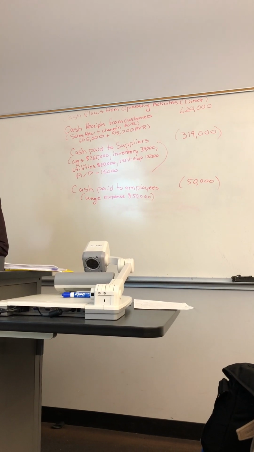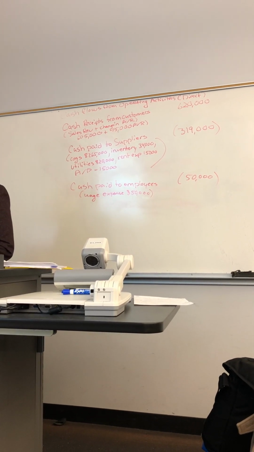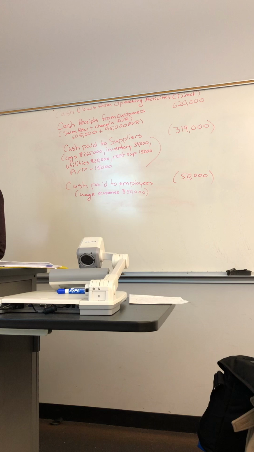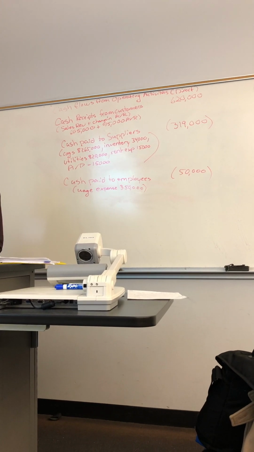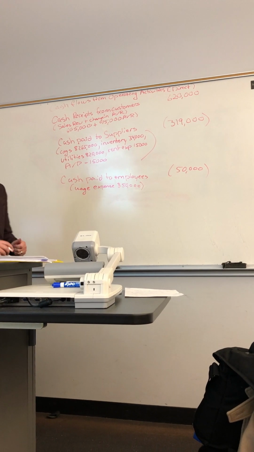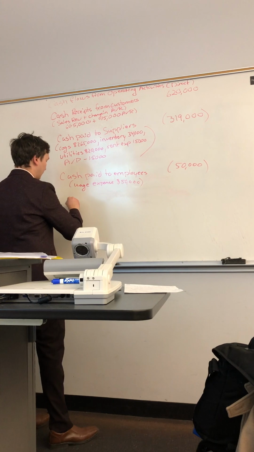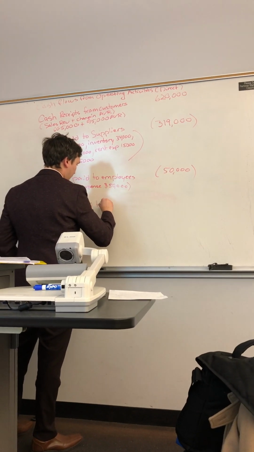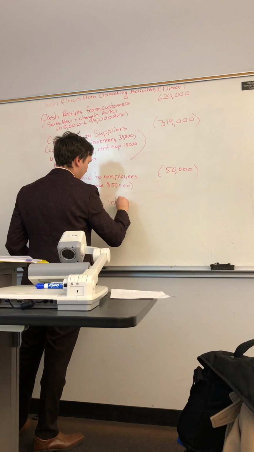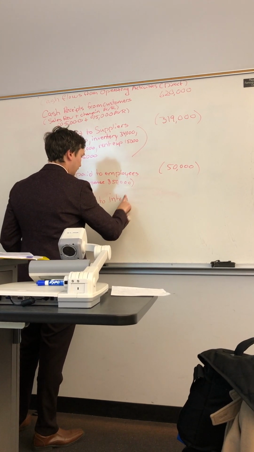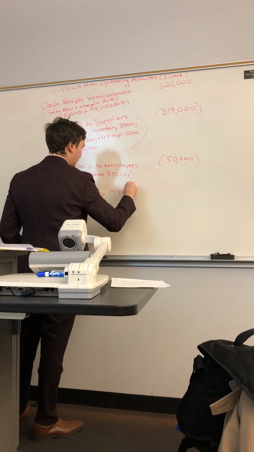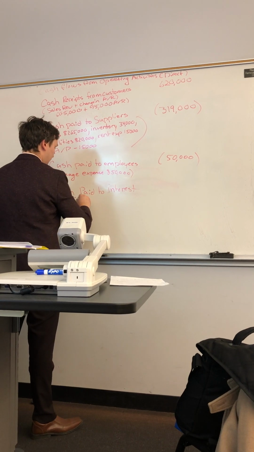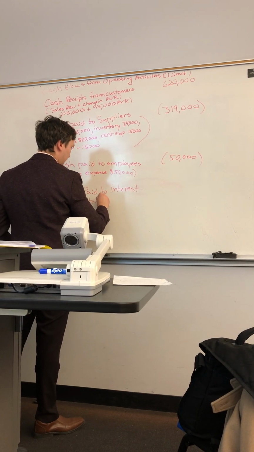And then we've covered wages, utilities, and depreciation's a non-cash amount, so we can forget about that. We've covered rent, and now we've got interest expense again. We can go ahead and recognize that one, so that would be cash paid for interest.